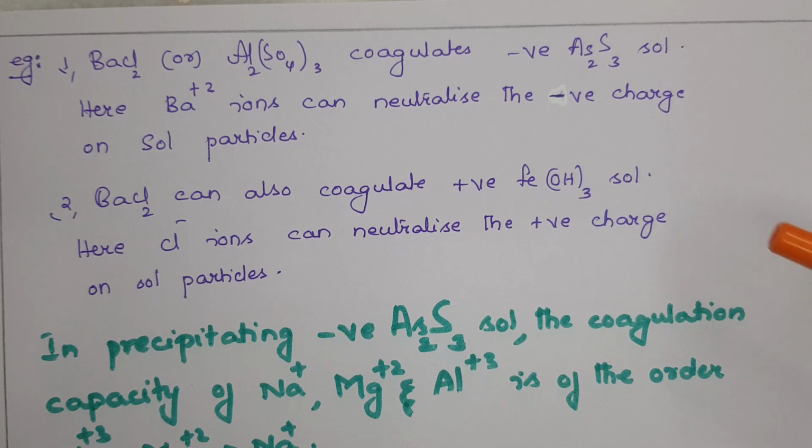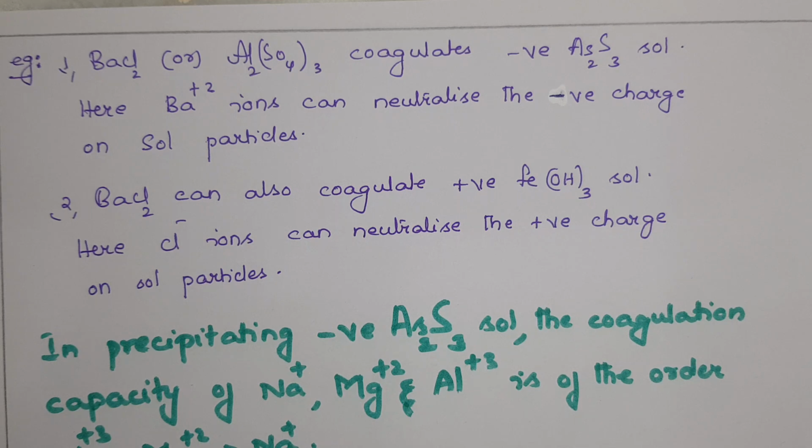Yes, Cl- ions neutralize the positive charge on the sol particles. So the same BaCl2 is able to coagulate negative As2S3 sol, where Ba2+ ions neutralize the negative charge, and positive Fe(OH)3 sol, where Cl- ions neutralize the positive charge on sol particles.